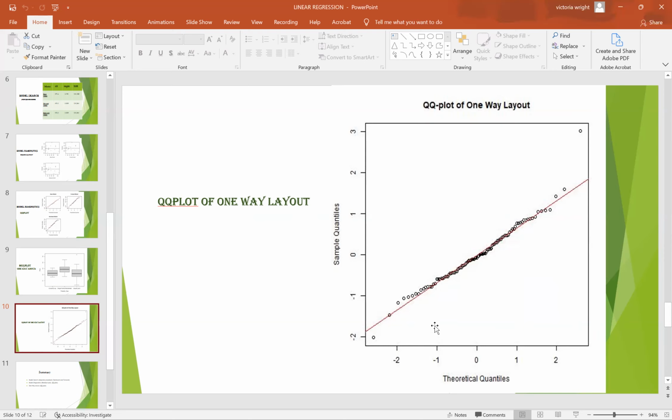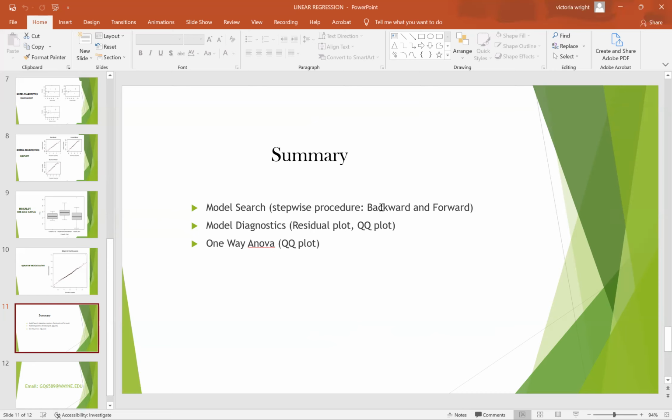And in summary, I want to summarize all the models I used to predict the price for my project. First, I use the model search, stepwise procedure, and backward and forward to approach the best model for my prediction.